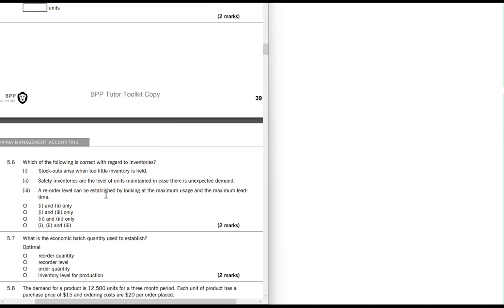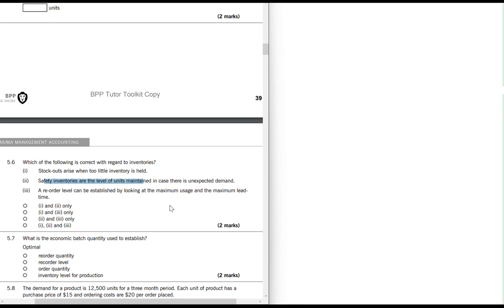Which of the following is correct with regard to inventory? Stockout arises when too little inventory is held. Safety inventory is the level of units maintained in case there is unexpected demand. Safety inventory or buffer stock is inventory that is kept in a separate location, not regularly used. It is kept for uncertainties, to be used in unexpected situations.